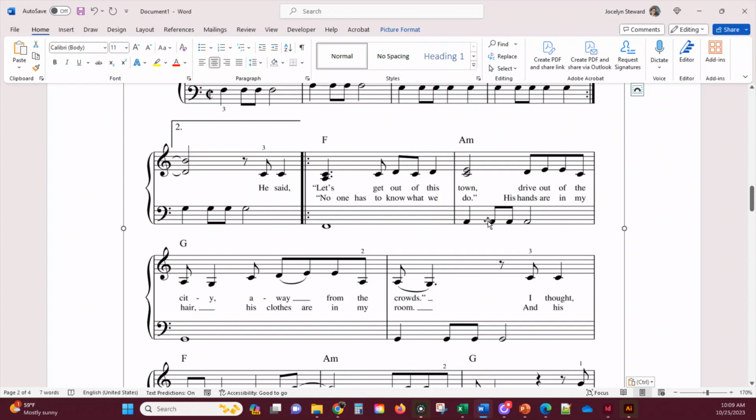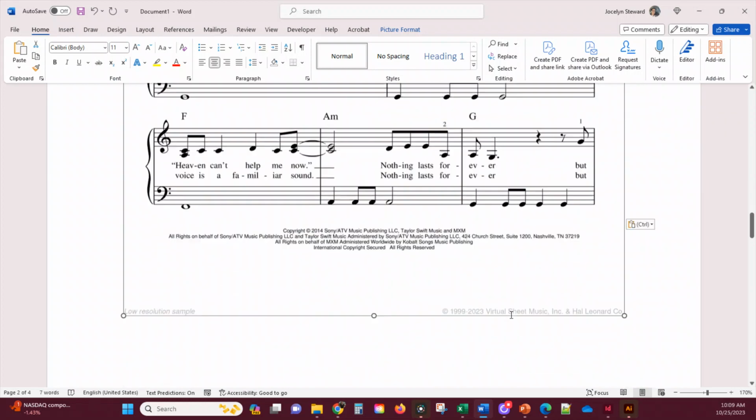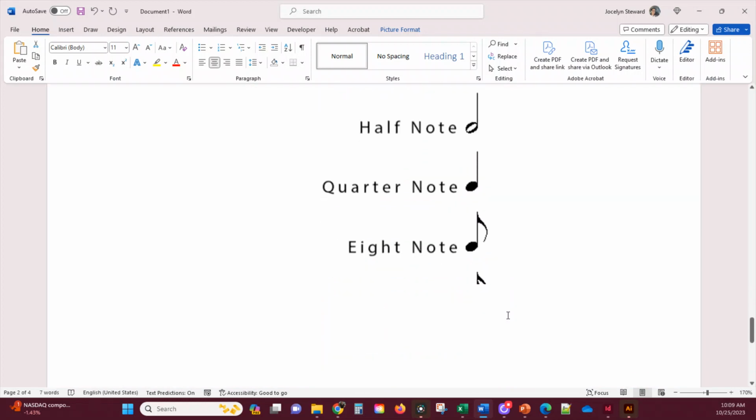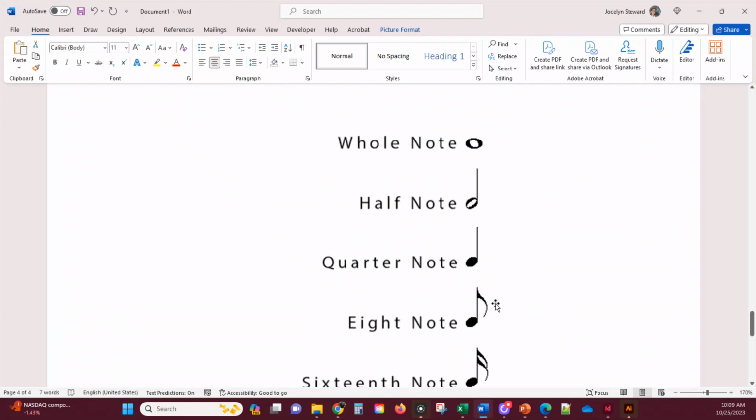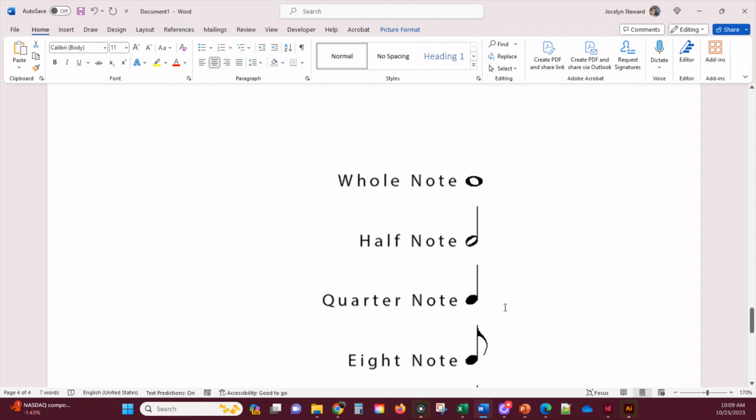We have this one, and this one. And I don't see any of the other ones that we're going to worry about. But let's just focus on whole notes, half notes, quarter notes, and eighth notes, because that's what we see. And that's what you're normally going to see in those. That just means how many beats does the note get? Like how long would you sing it for?